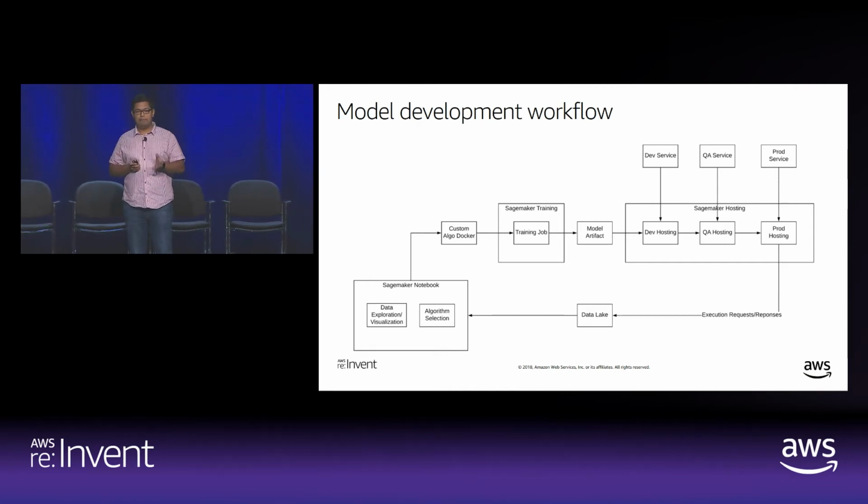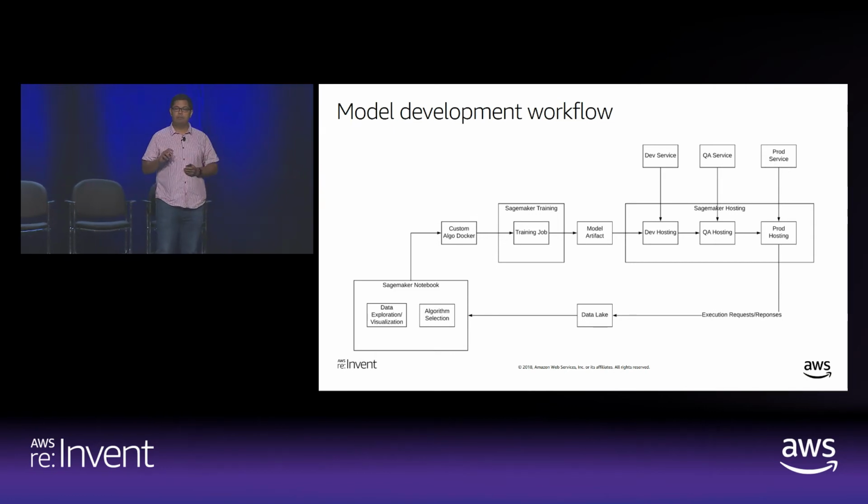Once the training job is run, we have a model artifact. One of the things that we've done is essentially improved the model development lifecycle, and we've brought in the rigor of software development to this workflow. Once the model is trained, we want to put it through several phases of testing. We have a dev testing workflow where a data scientist just runs their testing to confirm the model looks okay.